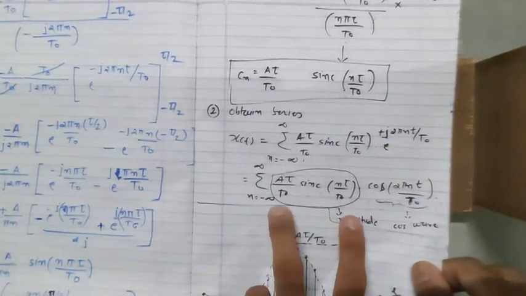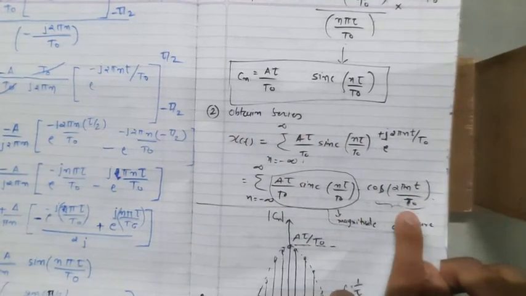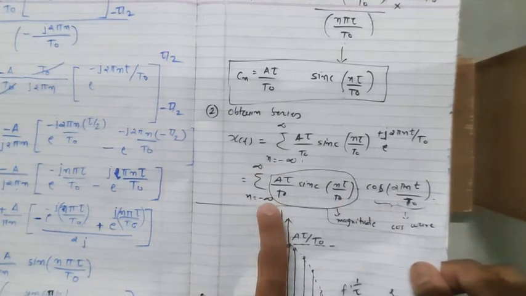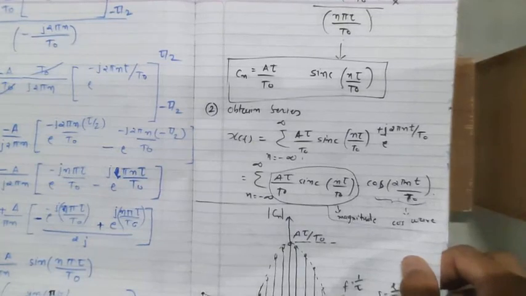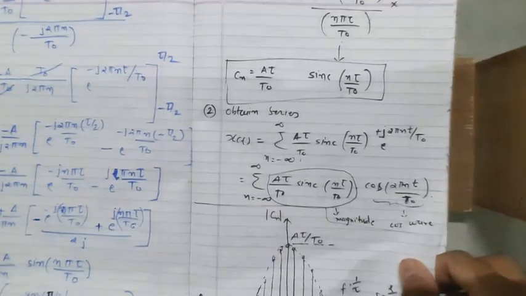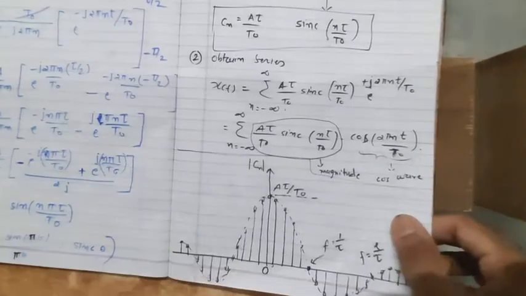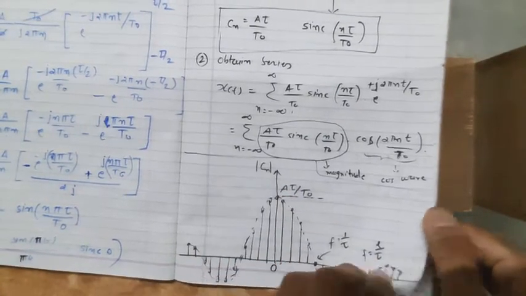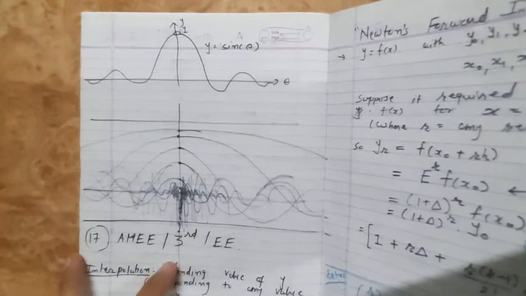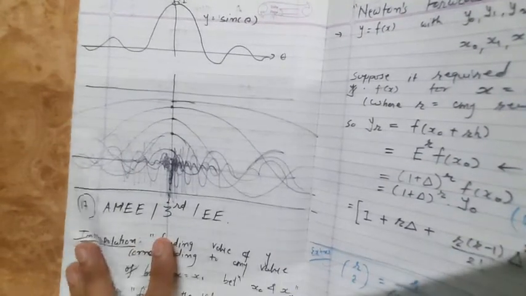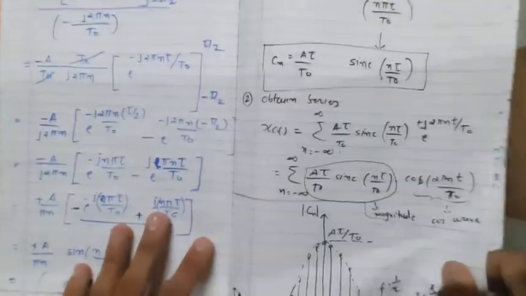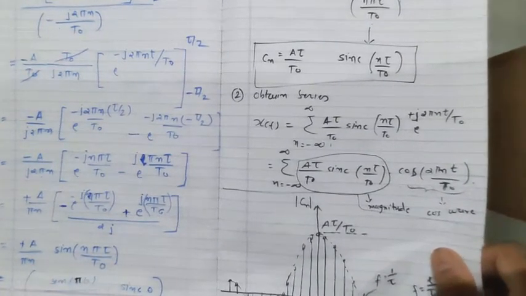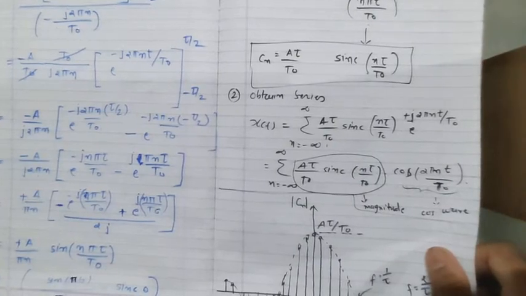The series is multiplied with the exponential of 2 pi n t by capital T0 and summed over n from minus infinity to positive infinity. This was the plot for the magnitude of c of n, and we also plotted and saw the phase spectrum and magnitude spectrum of c of n.